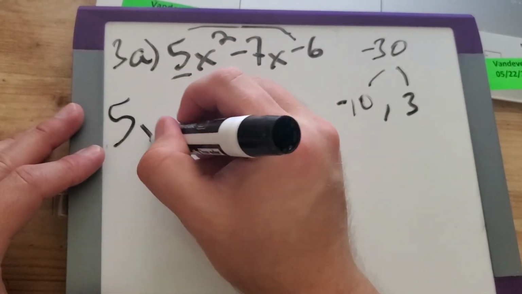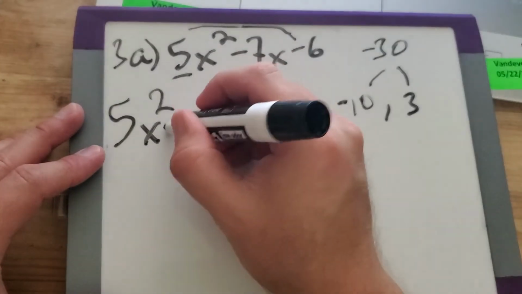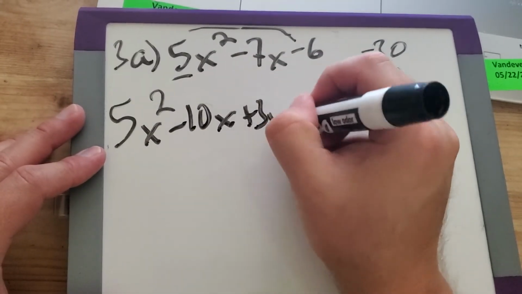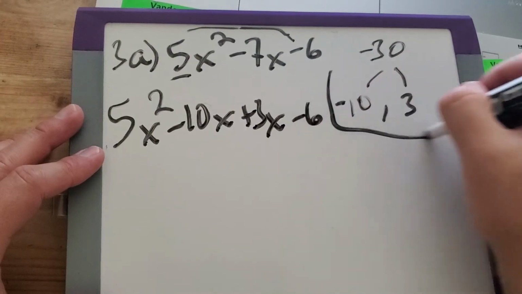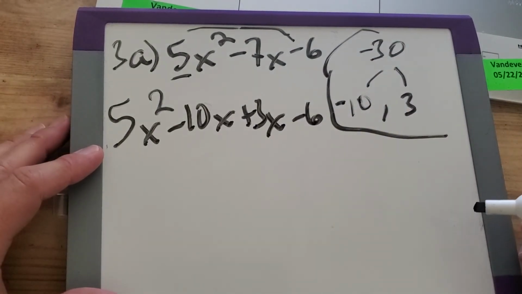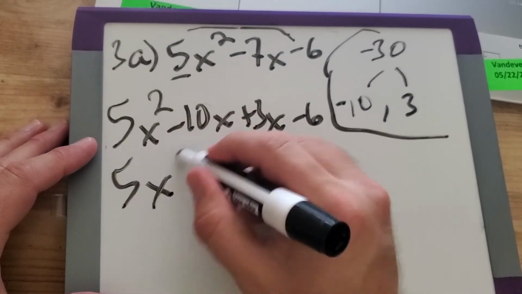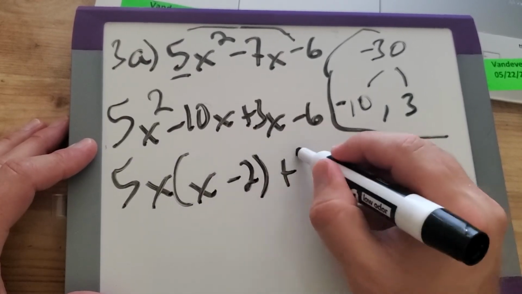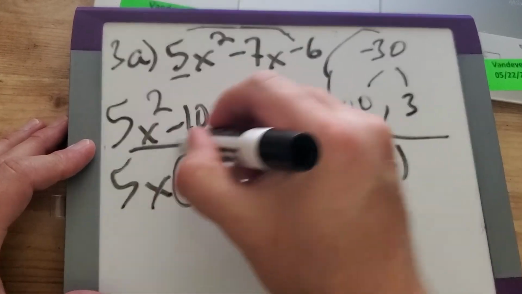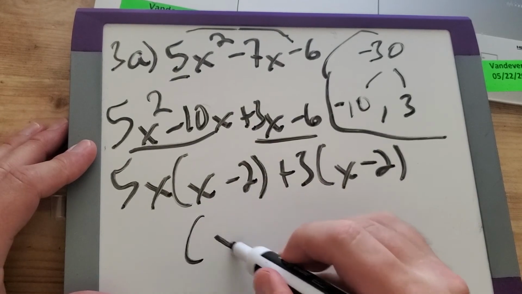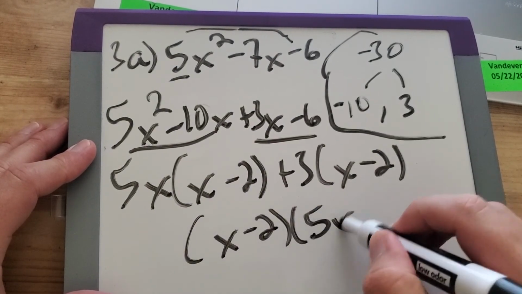So then you split up the middle term. That becomes negative 10x plus 3x, and then the minus 6 is still there. Then you group, and you GCF each group.